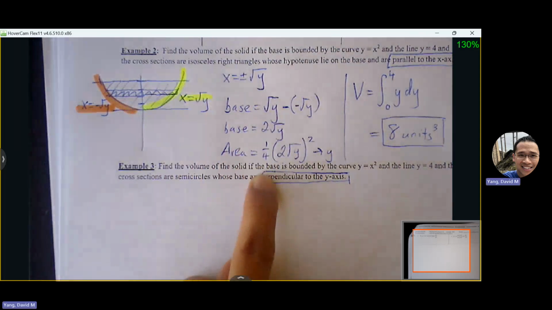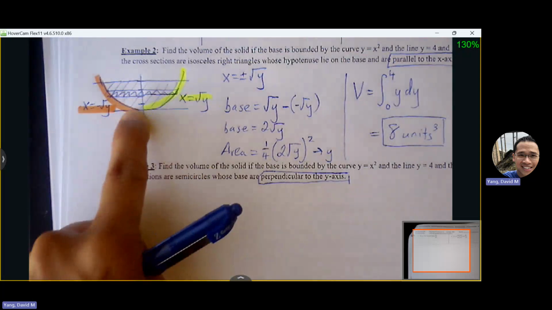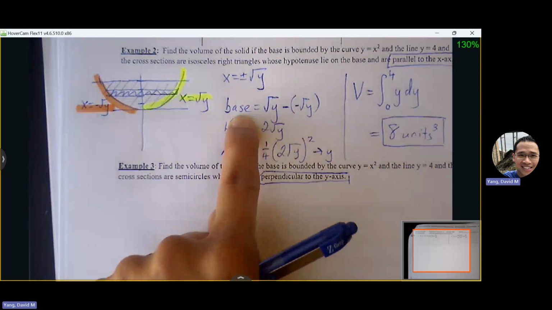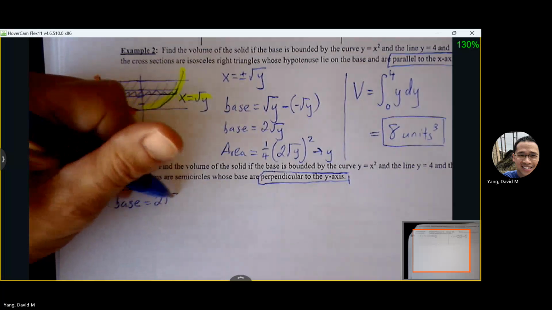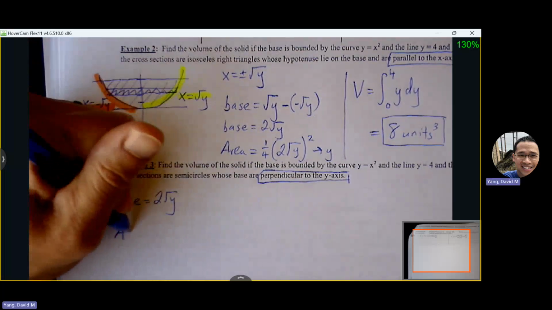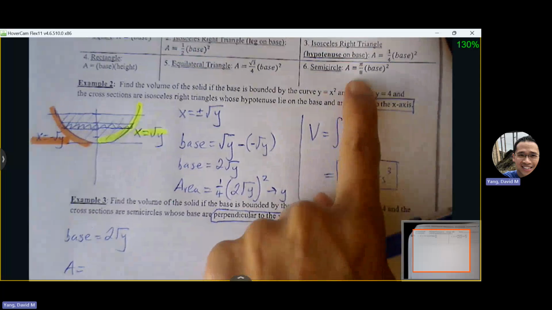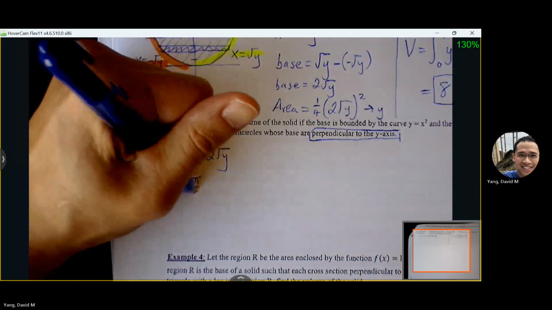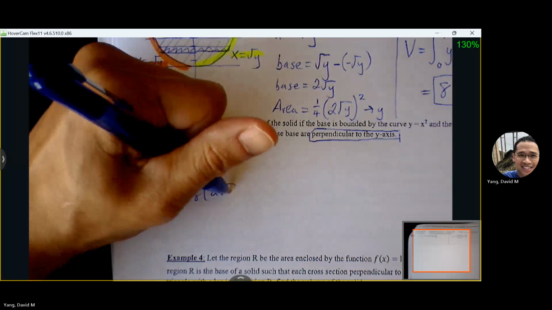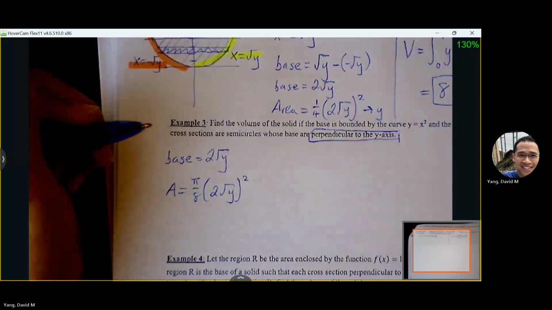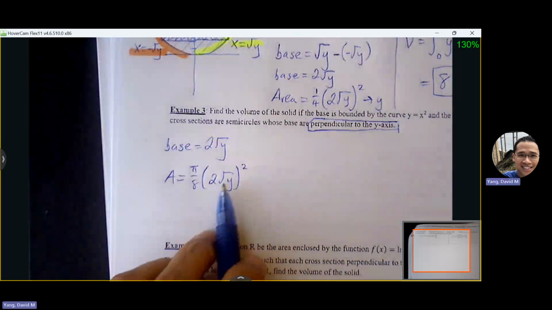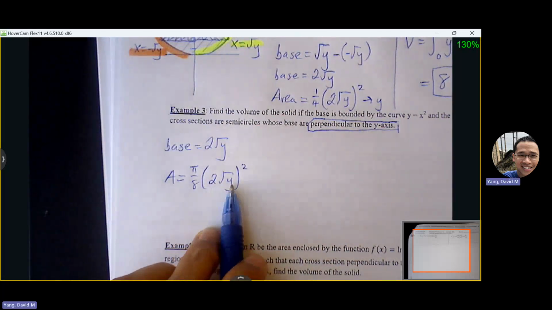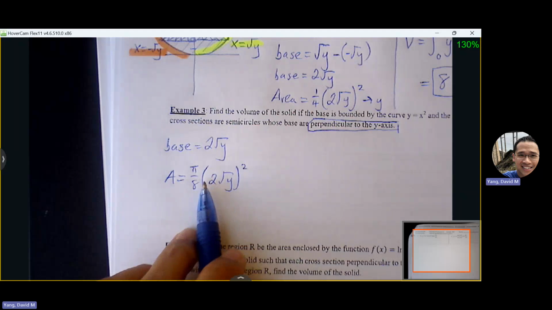So a lot of information we can just carry over, right? Because our bounds will still be the same. Our base will still be the same. But our area is a little bit different. Our area is a semicircle. So the semicircle formula is pi over 8 base squared. If I clean this up, I get 4 times y, and 4 over 8 is 1/2.